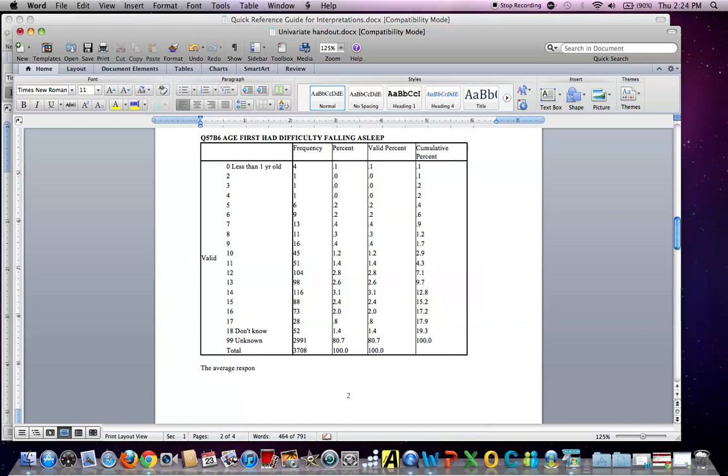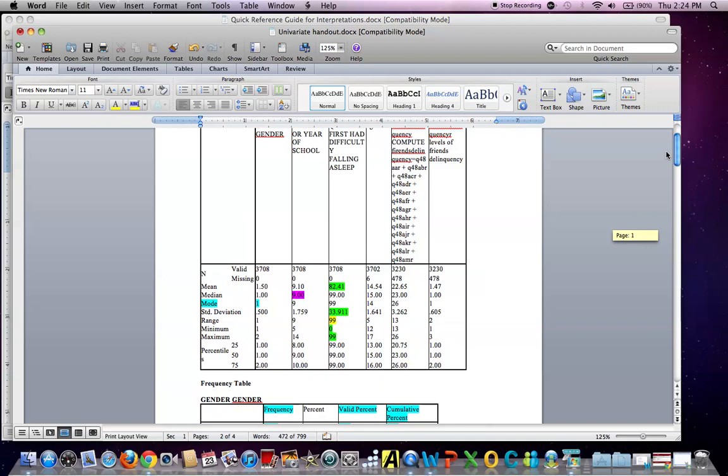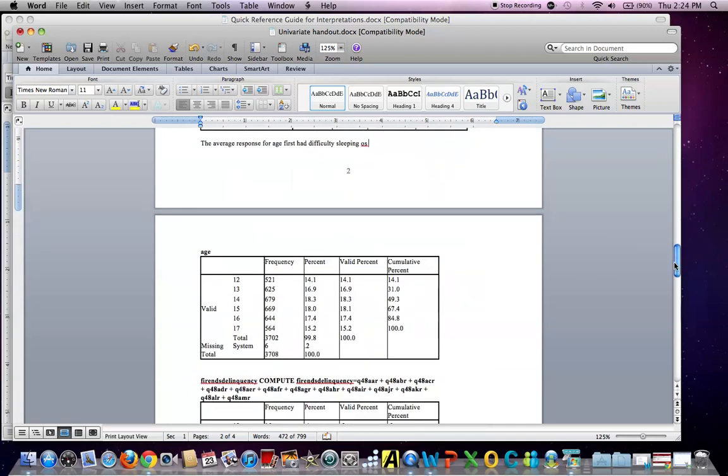Alright. So the average response for age first had difficulty sleeping is 82.41, I believe, with a standard deviation equal to 33.91, I believe.